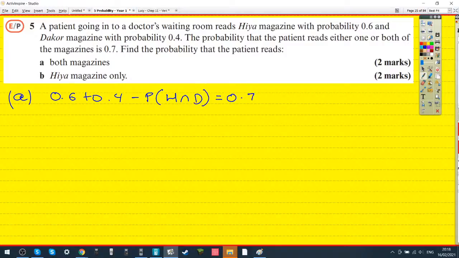Equals 0.7, and then you can minus 0.4 on both sides, which gives you 0.3, then minus 0.6, so it's 0.3. So 0.3. Okay. And part B. It'll be 0.3. Yeah, I think it's 0.6 minus 0.3, so that's 0.3 as well.